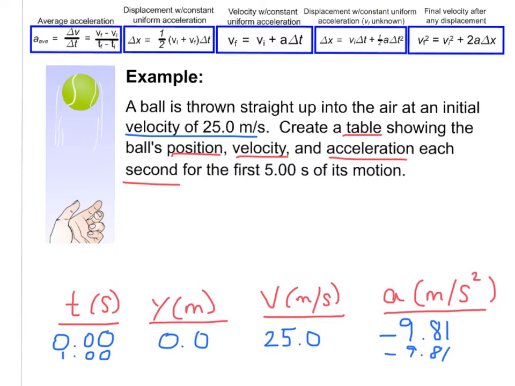What I don't know is my position, and I don't know my velocity. So those are the two unknowns. I need to find y, and I need to find my final velocity. Those are the things that I'm going to need to calculate in order to complete this table. So let's try and calculate that final velocity.